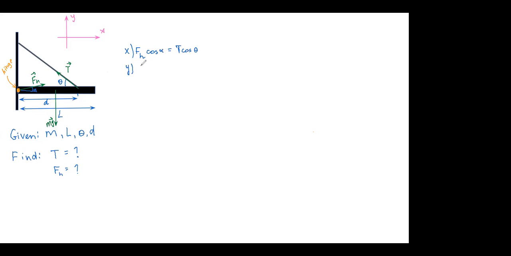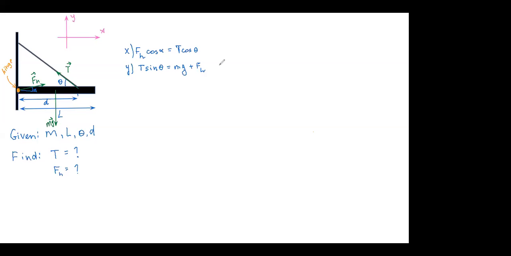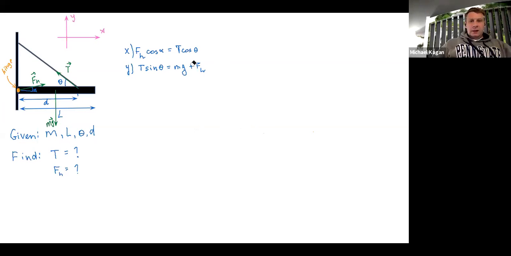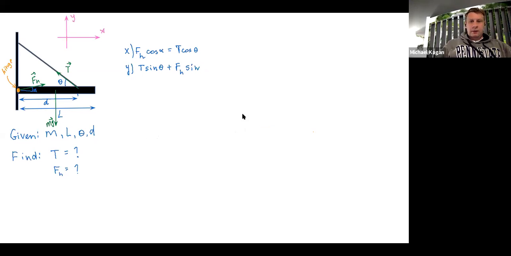T sine theta plus FH sine alpha equals mg. It will depend on which way, but let's just be consistent with our picture.